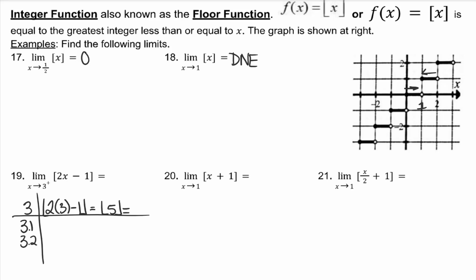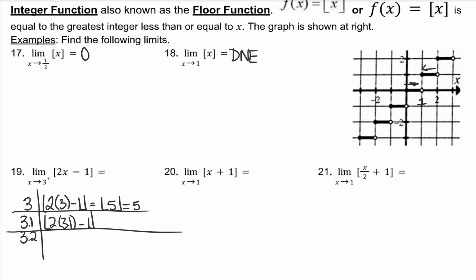So the greatest integer less than or equal to 5 is 5. 2 times 3.1, that would be 6.2 minus 1, so 5.2. The greatest integer less than or equal to 5.2 is 5. And this one will also equal 5, but we didn't really need to do 3.2. As we're approaching 3 from the right-hand side, we are getting 5.